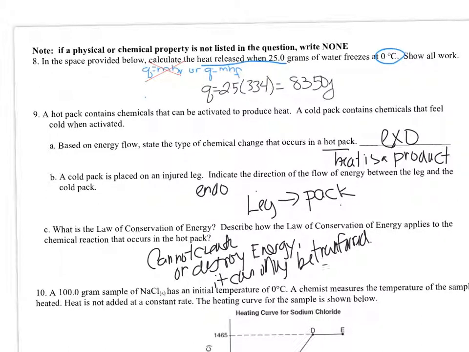And that is exactly what is happening. There is a transfer of energy that happens in the hot pack. Heat is transferred, in that case, from the reaction out into the environment as a product. So heat is transferred, basically. All right.